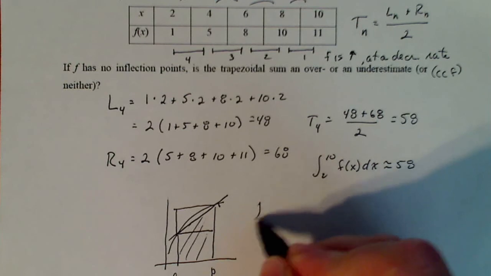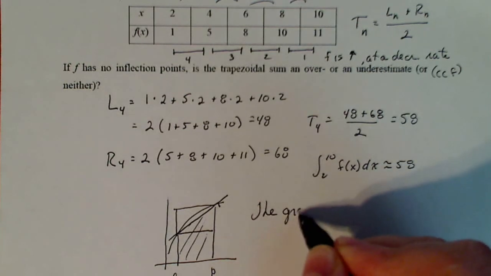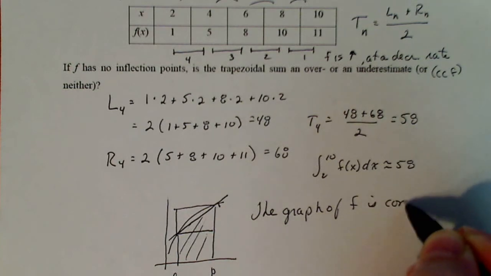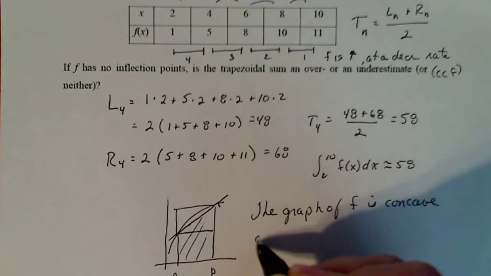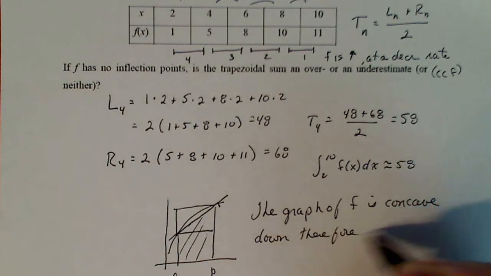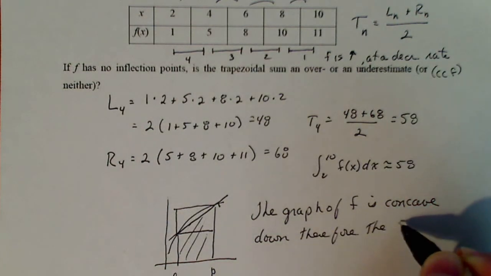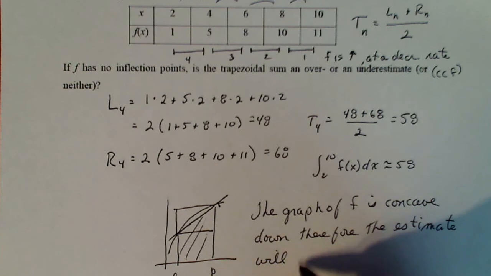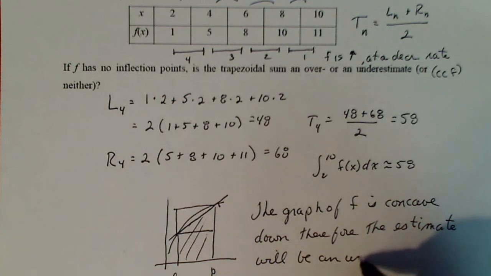So you'd say the graph of f is concave down. Therefore, the estimate will be an underestimate.